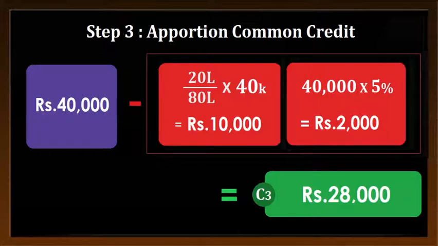So in the first step the balance is C1. In the second step the balance is C2. In the third step the balance is C3. Now in the end, you need to tell me why did we do this entire chart? To find out what is the eligible credit. Is eligible credit only 28,000 rupees, that is C3 balance? What is the good credit in this problem?